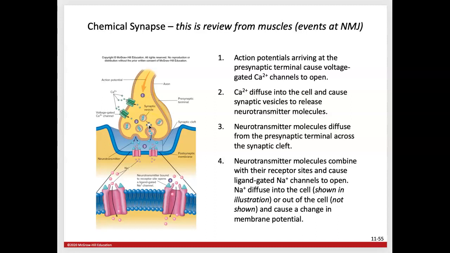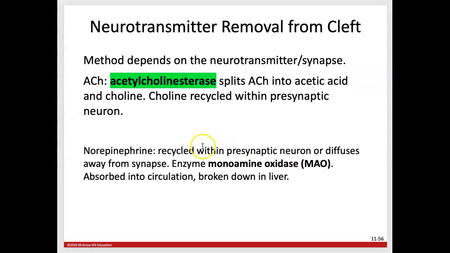The parts are then remanufactured into acetylcholine, repackaged into vesicles, and ready to go again. If we're talking about norepinephrine, that is recycled within the presynaptic neuron or diffuses away from the synapse.